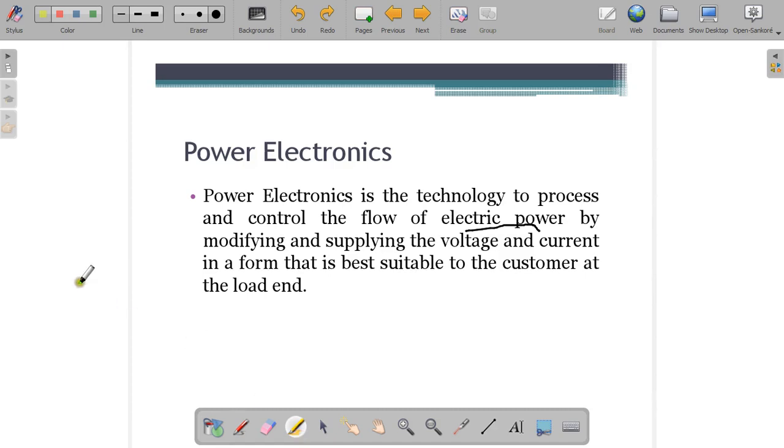This area entirely originates with the silicon controlled rectifier, SCR, which was invented in 1956 by Bell Laboratory. SCR technology led to a breakthrough in the power handling capability of electronic devices.